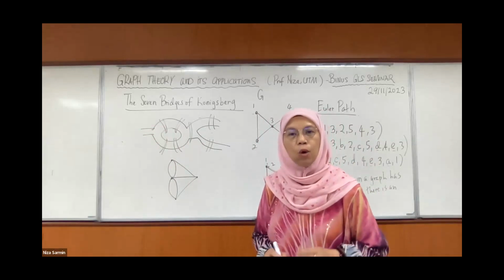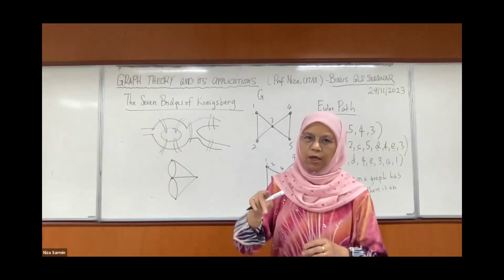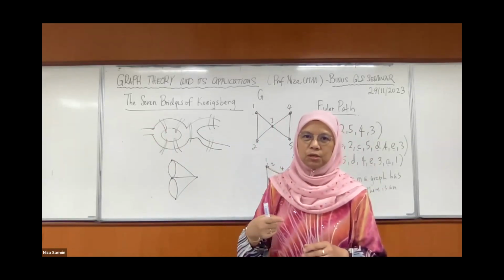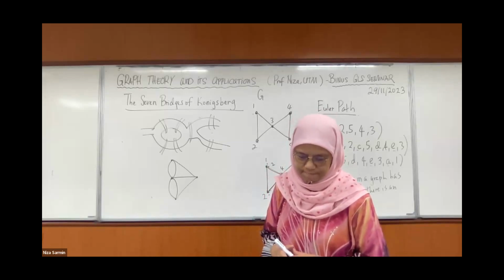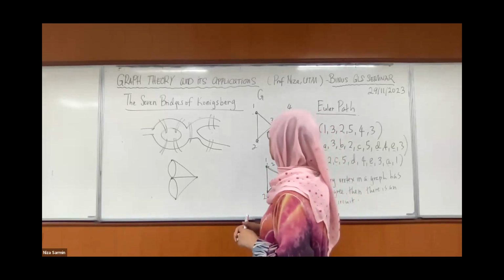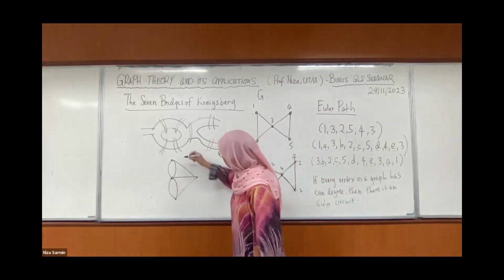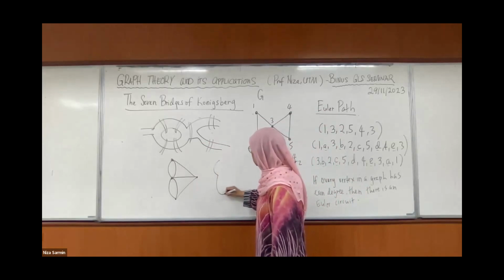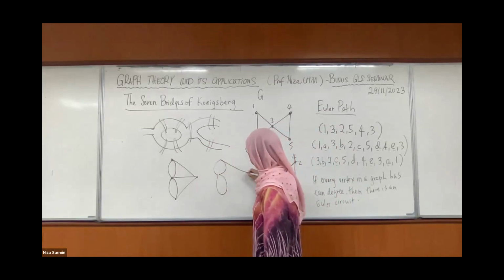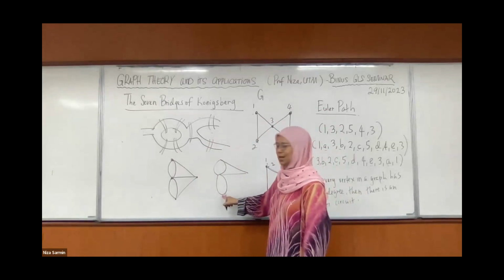So the people wonder whether you can walk through the city and cross each bridge exactly once only. 1, 2, 3, 4, 5, 6, 7. Like this one, you go, you stop there, right? You don't get this one.